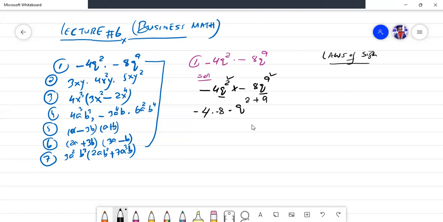So let me give you a revision. According to the laws of signs, if you have the same signs, then the product of the same signs will be positive.